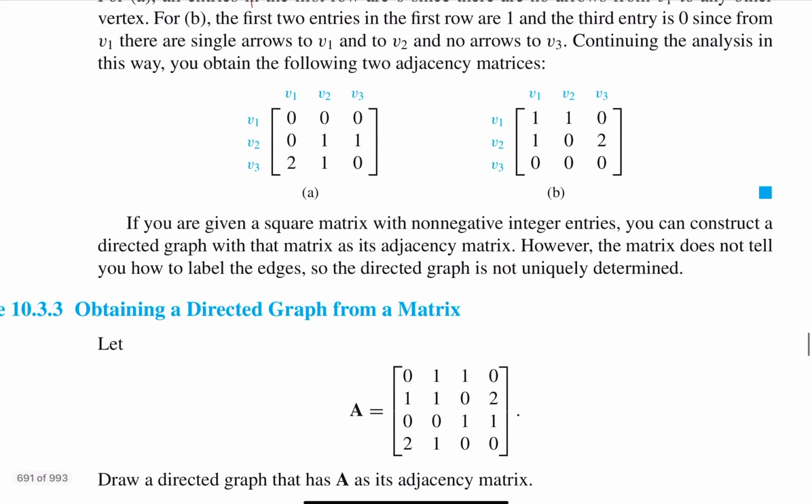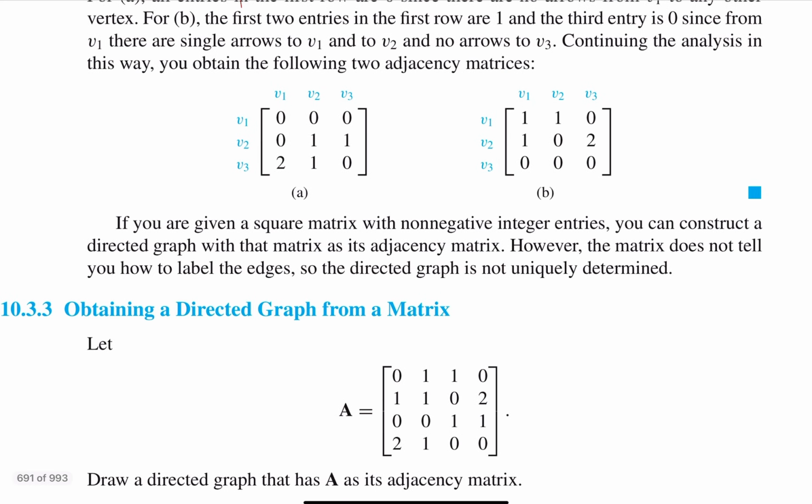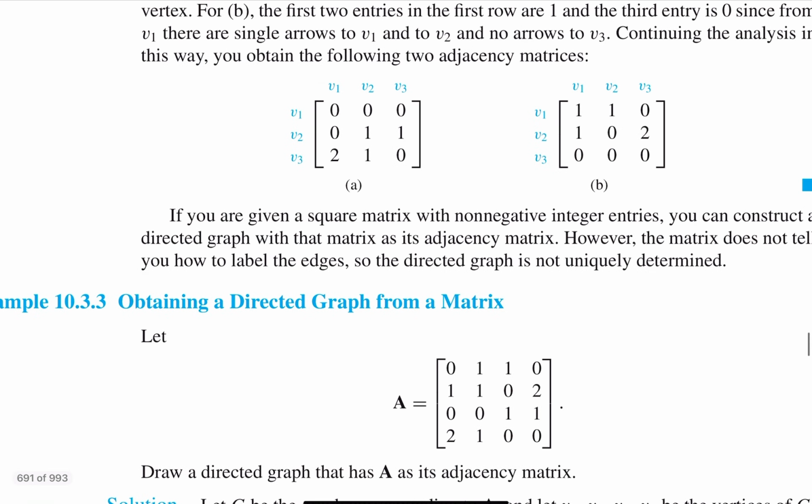Remember the first one, they gave us a graph, and we had to transform it to a matrix. This one is the opposite. They give us a matrix, and we have to construct the graph.